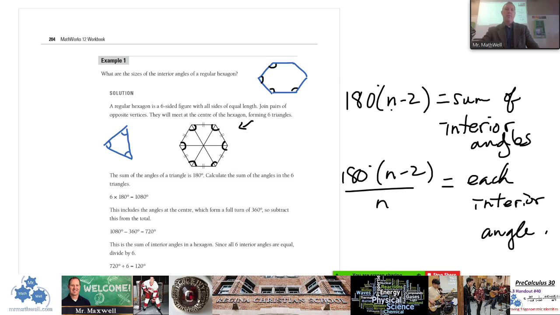So for the hexagon, the sum of the interior angles would be 180 times, well, there are 6 sides, so 180 times 4. What's that? 720. So 720 degrees. All of these angles that I've outlined in black here would add up to 720.